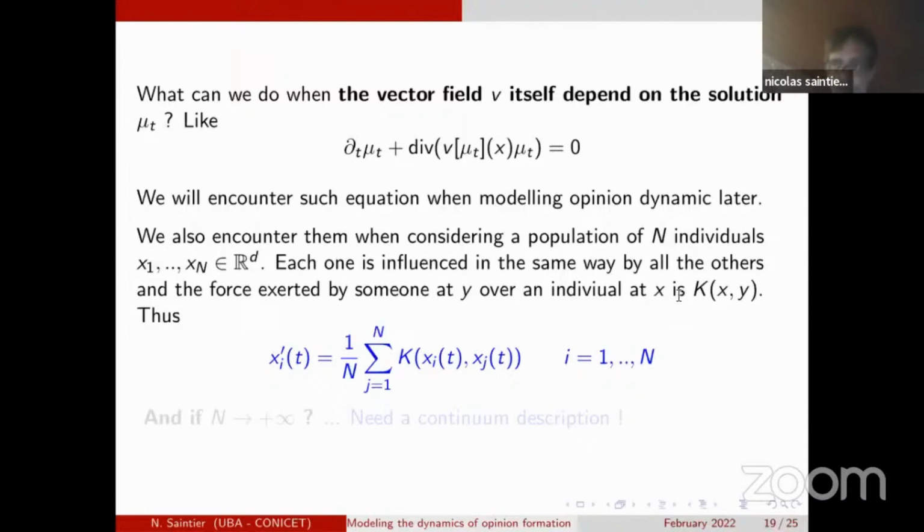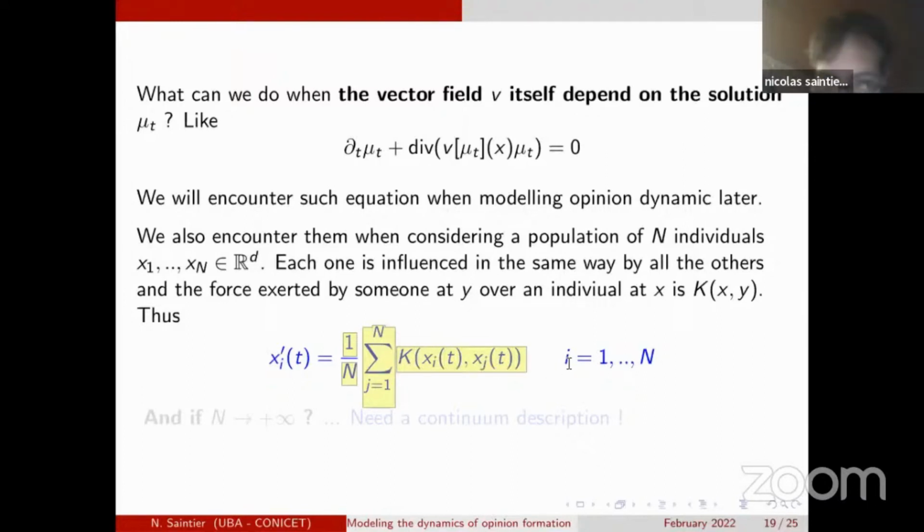Meaning that if this function k gives me the influence of an individual at y over an individual at x, then globally an individual will feel the mean value, the mean forces of all the rest of the population.